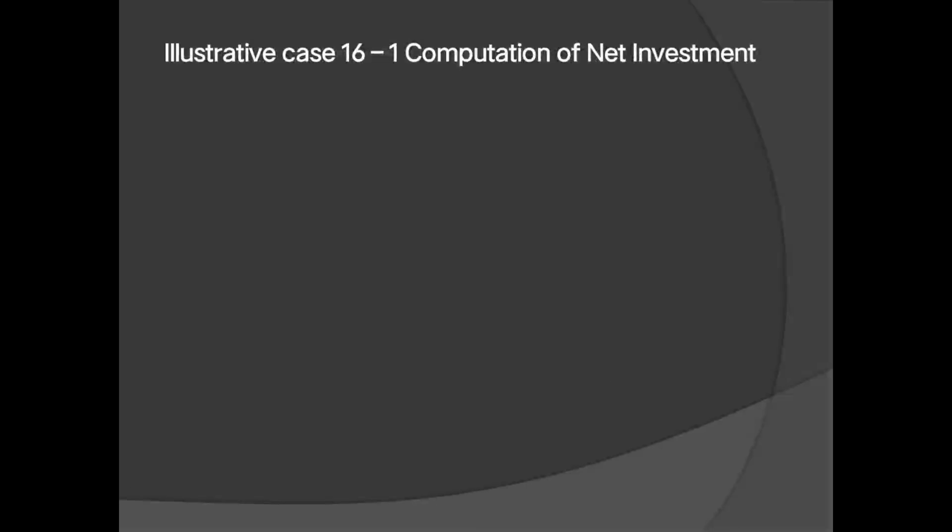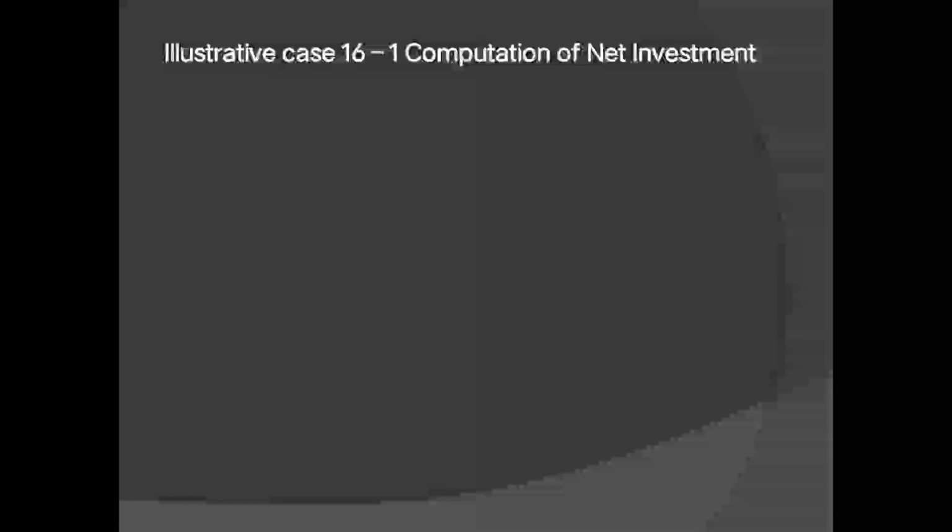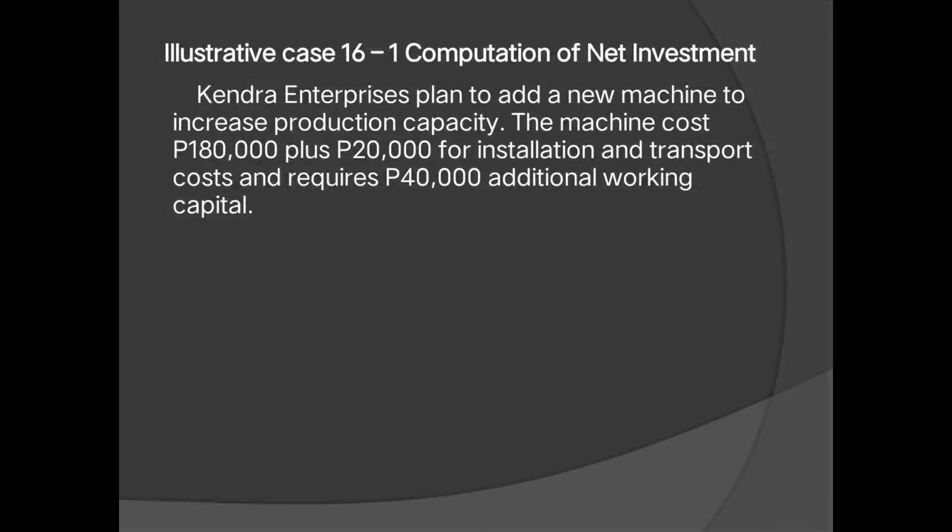So, ito yung mga example sa pag-compute ng net investment. Kanja Enterprises plan to add a new machine to increase production capacity. So, ibig sabihin, gusto nilang ma-increase yung pagpaproduce nila ng mga product. The machine cost 180,000 plus 20,000 for the installation and transportation cost and requires 40,000 additional working capital.